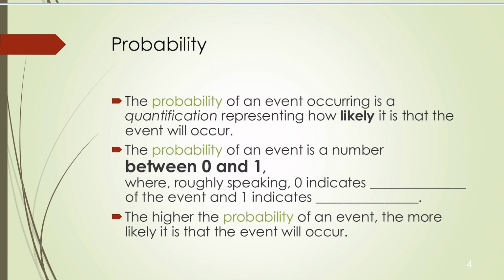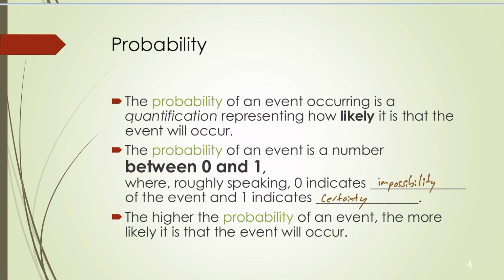In order to do that, we need to quantify likelihood, and probability is a way of quantifying likelihood. The probability of an event is a number between 1 and 0 inclusive, where roughly speaking 0 indicates impossibility of the event and 1 indicates certainty in the event's occurrence.